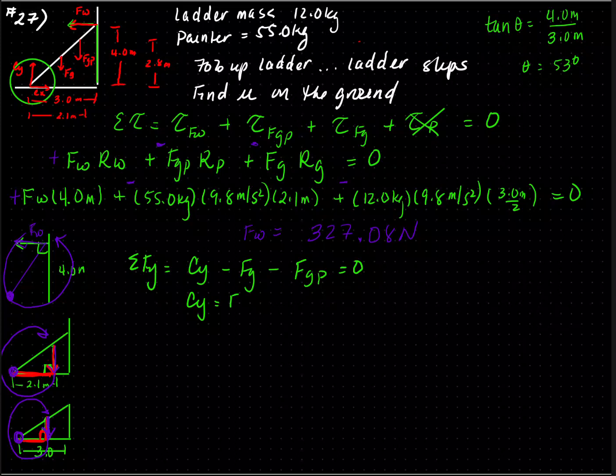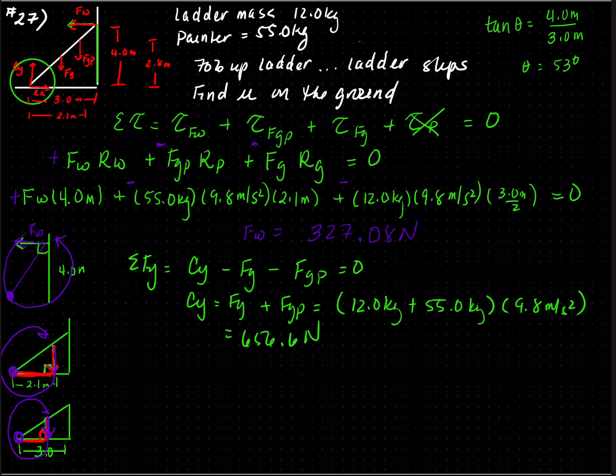So Cy is equal to Fg ladder plus Fg painter, which is equal to the mass of the ladder, 12.0 kilograms, plus the mass of the painter, 55 kilograms, times 9.8 meters per second squared. So Cy is 656.6 newtons.